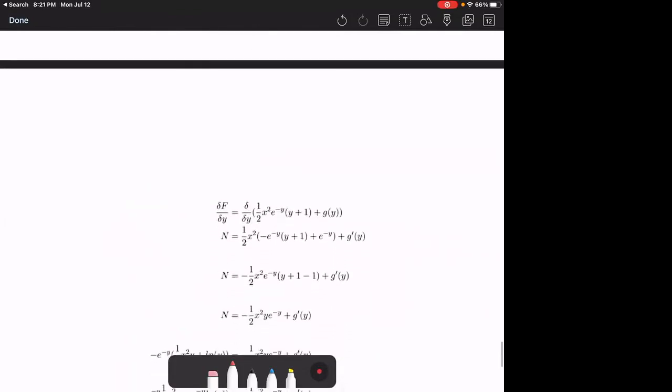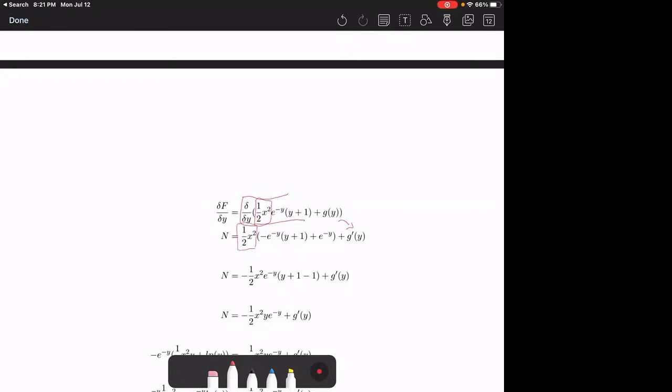So moving on, we're going to take the derivative of both sides with respect to y. So this is the derivative of what we just solved for with respect to y. Note how g(y) becomes g'(y). And when we take the derivative of both sides with respect to y, this 1/2 x squared, we've just factored that out. Don't need to worry about that.